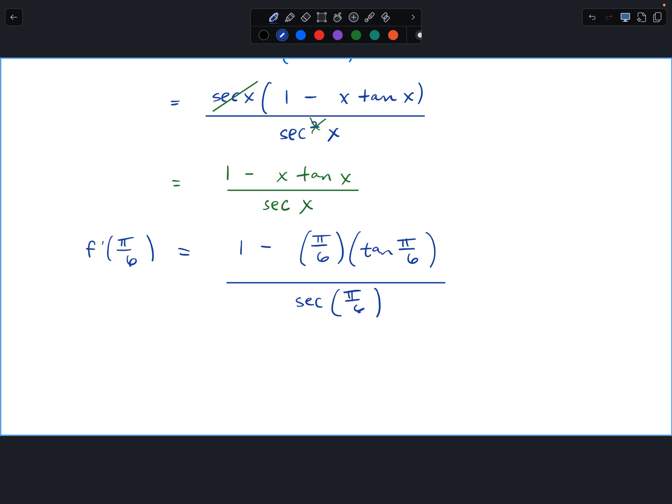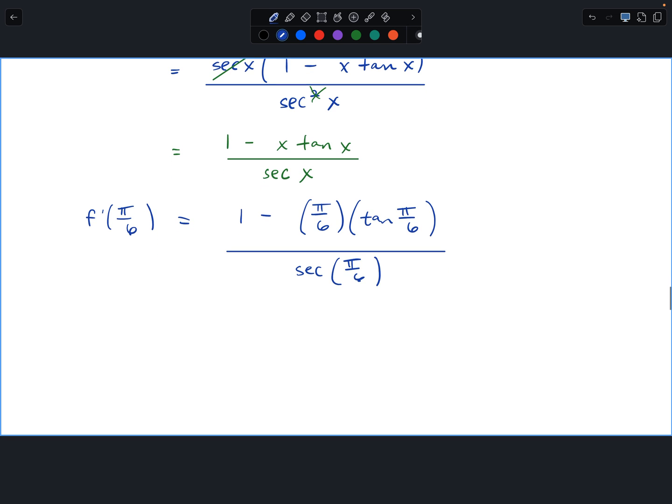What's the tangent of pi over 6? Square root 3 over 3.